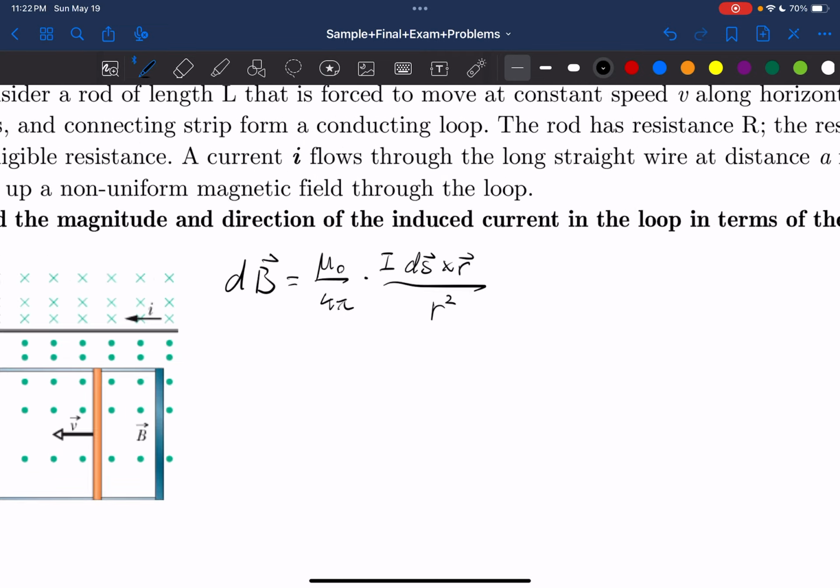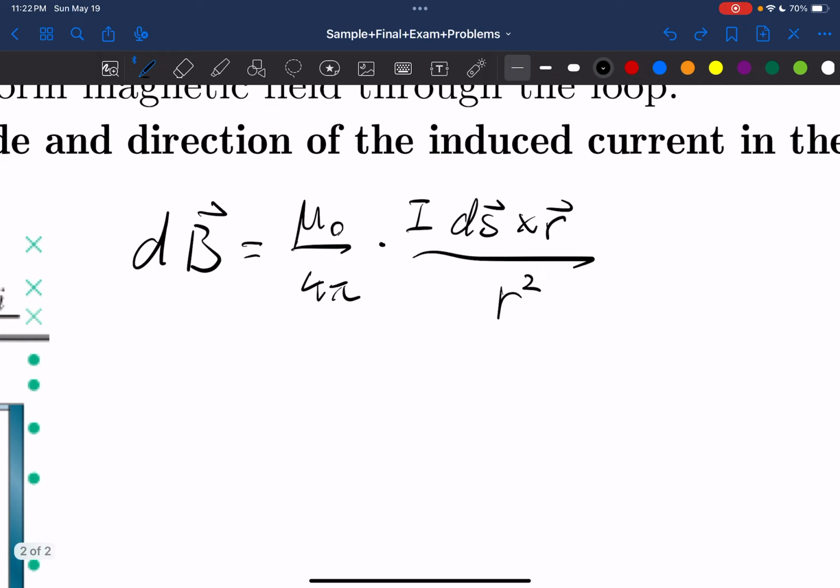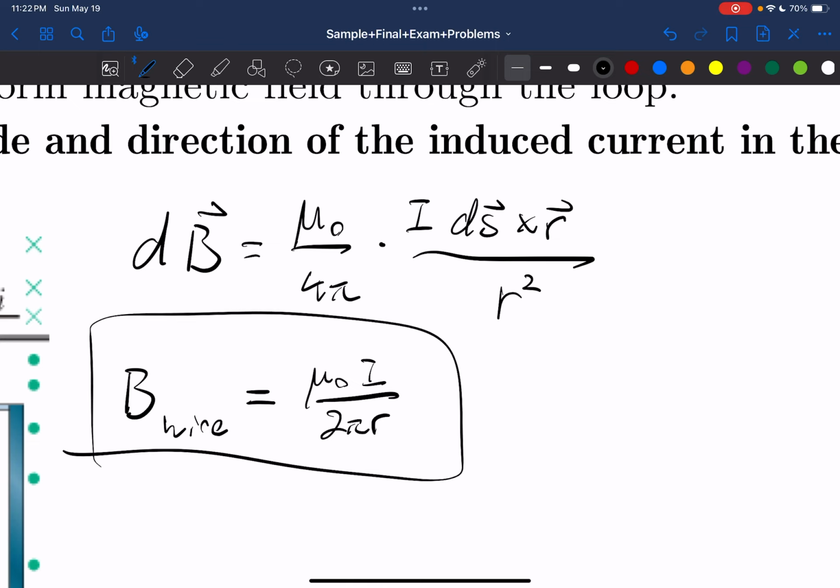Now, this is the Biot-Savart law in general, but we're not going to be using that law. We're using a derivation of it, and that is the equation for the magnetic field of a long straight wire. So that's going to be B equals mu naught I over 2 pi r. This equation is what we're going to start off with.